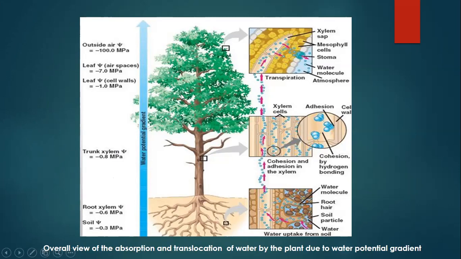Here you can see the sectional portions: this is the leaf region, the stem region, and the root region. In all three, water molecules are moving from the soil particles into the root region, and from the root region to the stem region, through different phenomena.